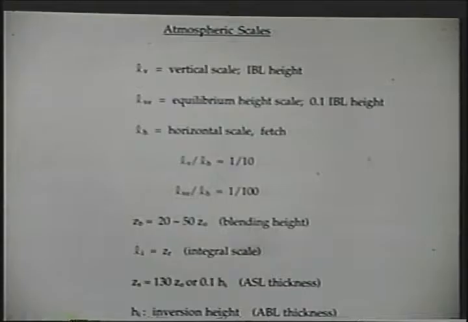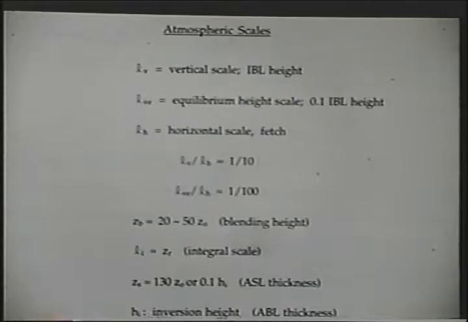The ratio of these scales is 1/10 to 100. I also talked about the blending height. The blending height is roughly 20 to 50 times the roughness length of the surface. I talked about the integral scale, not yet, but it's now perhaps the moment to do so. The integral scale is, under most conditions, equivalent to the measurement height within the air or within the boundary layer.